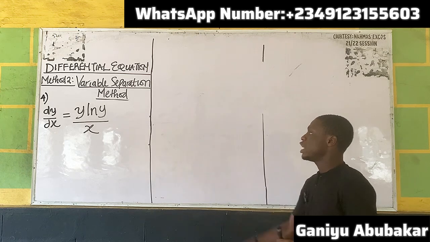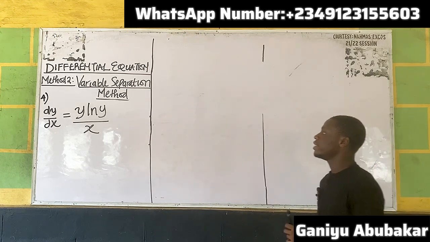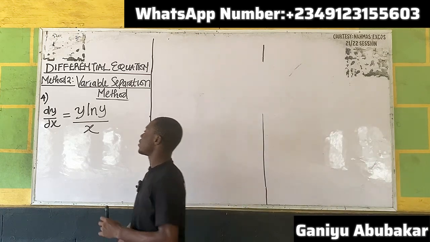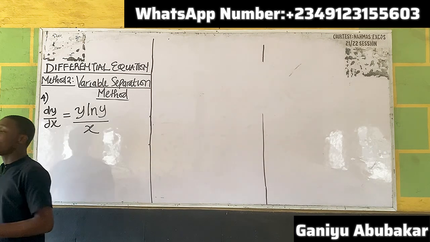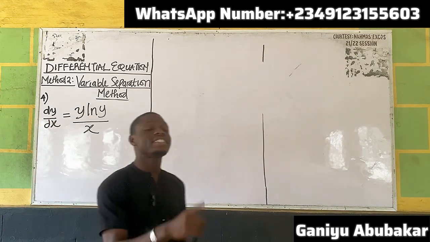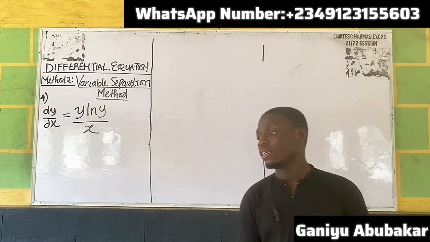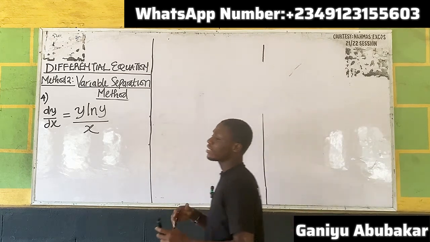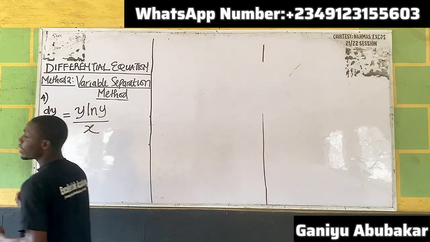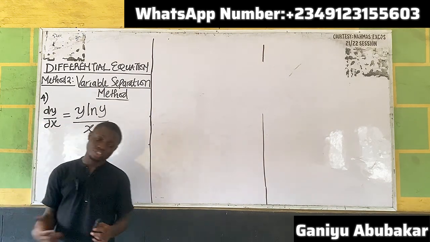It says dy/dx equals y ln y over x. My first task is easy: take the term having y and dy to the left-hand side, and move the term having x and dx to the right-hand side of the equation. That's all.